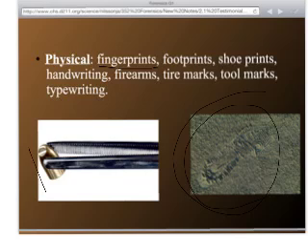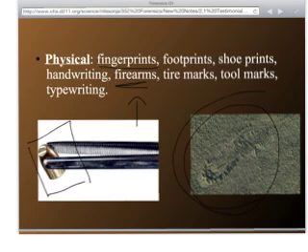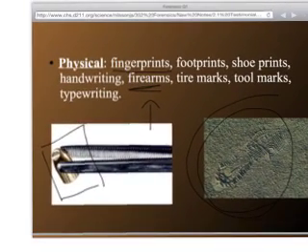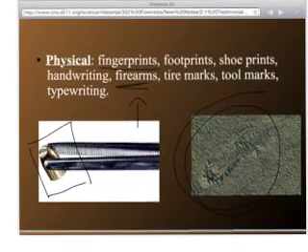And then here, this is a study of ballistics, bullet analysis, firearms, things like that. This is a really tough field to do. We'll do a little bit of work on this one, hopefully. But that's ballistics. So that's physical evidence. Again, the difference between physical evidence and the previous two is that physical evidence is the result of two objects coming in contact with one another and how one object is altered or manipulated.